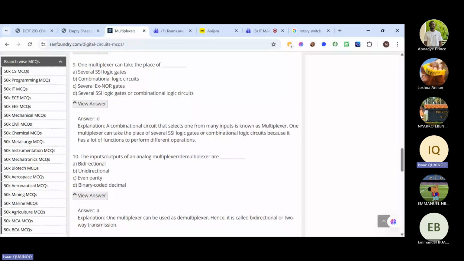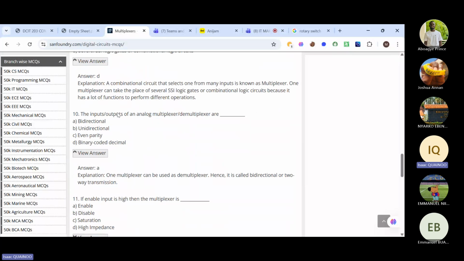Instead of using several logic gates, you can rather use a multiplexer, which simplifies the circuit.